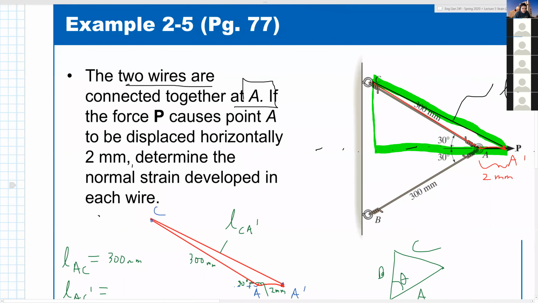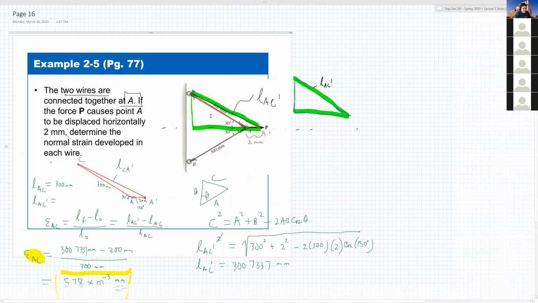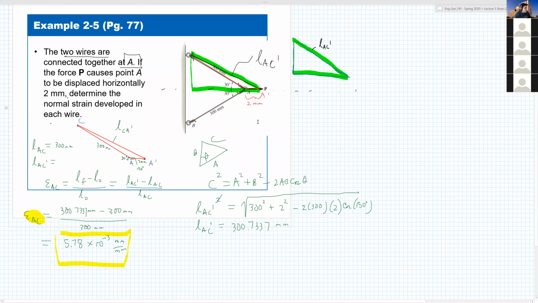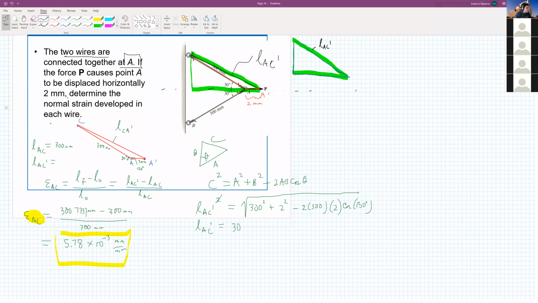Let me double check, and you will see the actual value too here. So you're saying 301.733, 301.733 right here. Okay, with that extra 2, 305.78 will be fine.